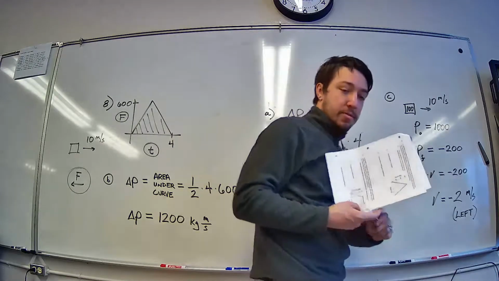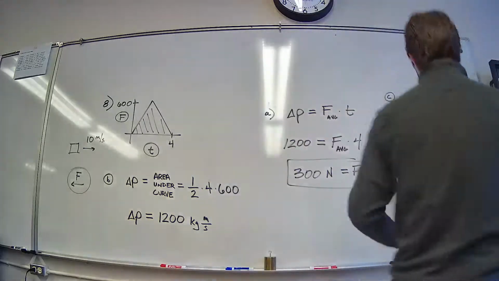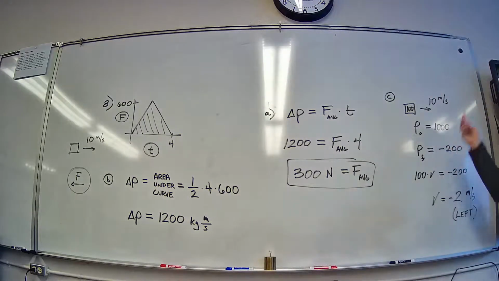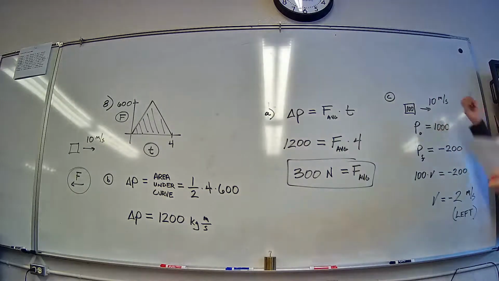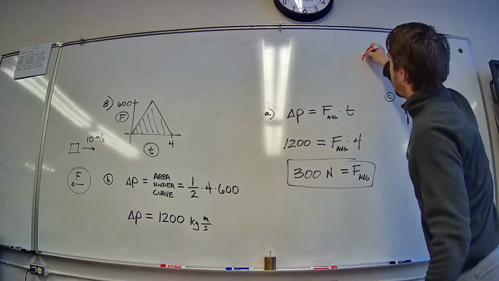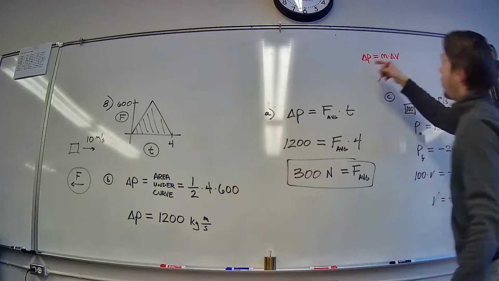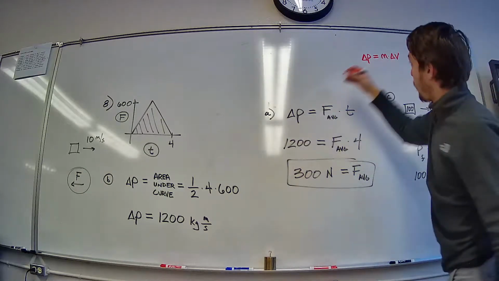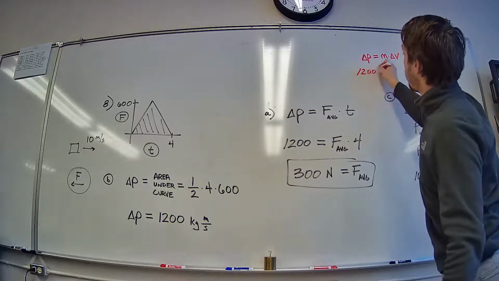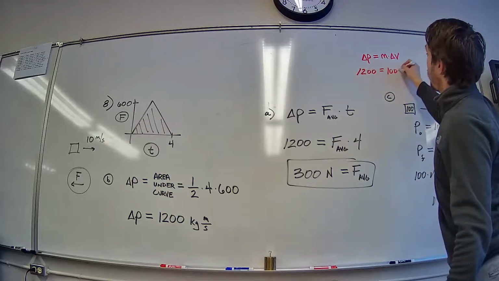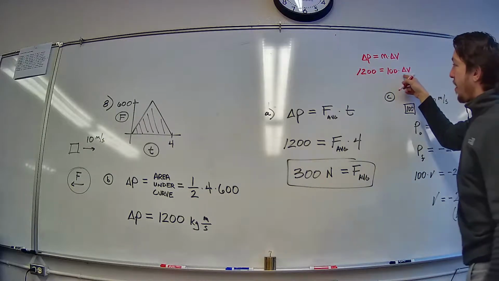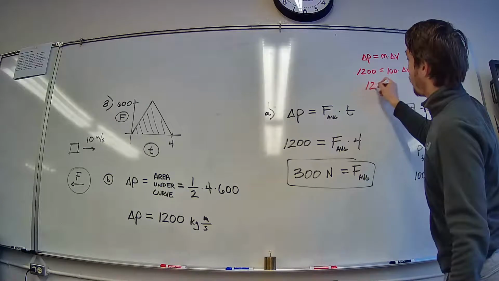By the way, just a last little remark: what if I did this the exact same way we did the previous problem? It looks pretty much the same. You would just go, change in momentum is equal to mass times the change in velocity. This number we said was 1,200. The mass is 100. And so you get a delta V of 12.